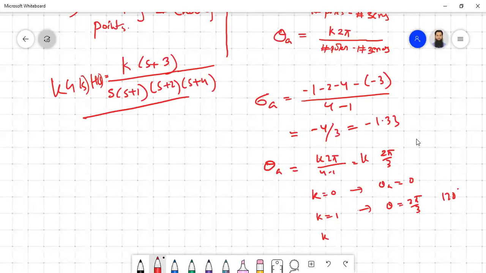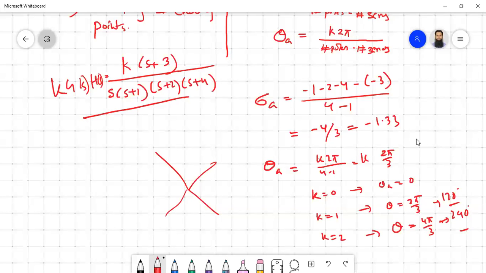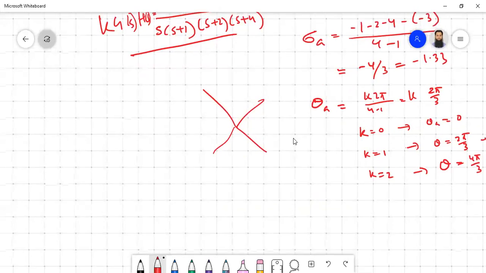And k equal to 2, theta equals 4 pi by 3, which reflects to actually 240. So if you now look at these angles, previously it was 60 and 300. Now it will have 120 and 240. So just opposite.